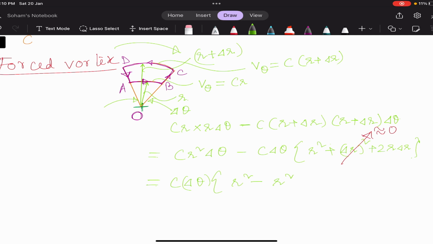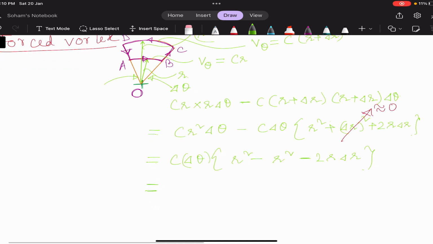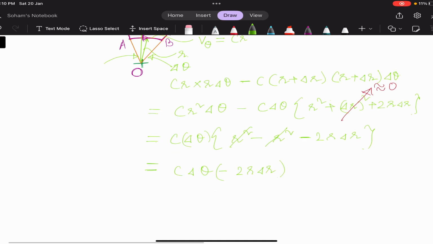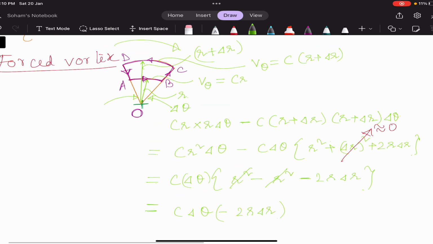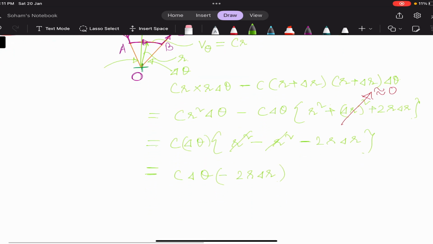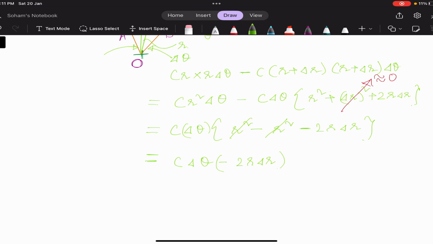So this will be C delta theta minus of 2r delta r, and we can write this as 2C r delta theta delta r.